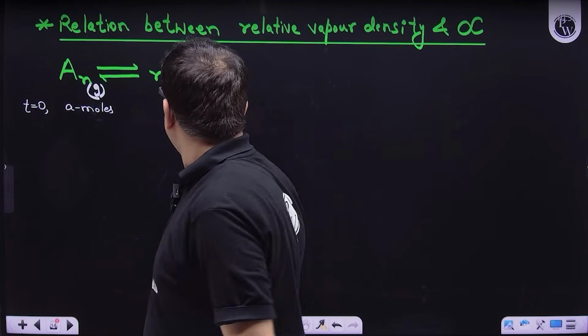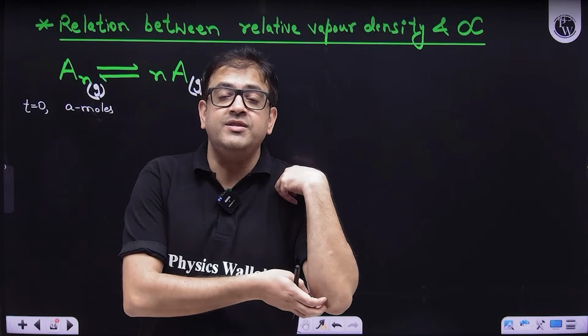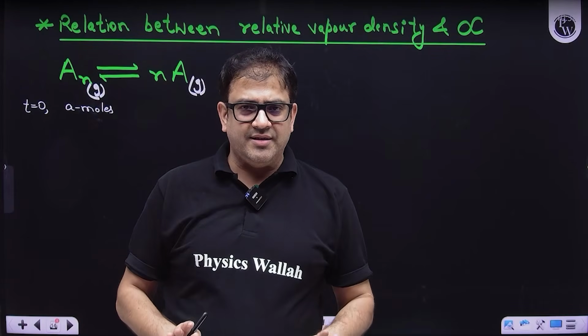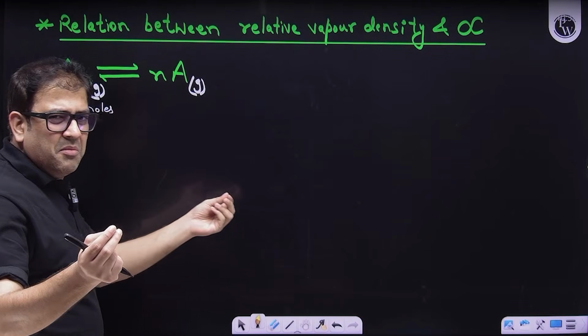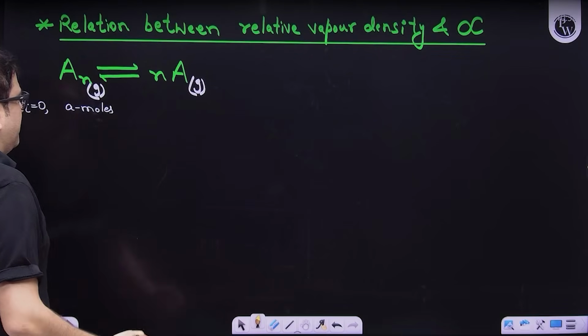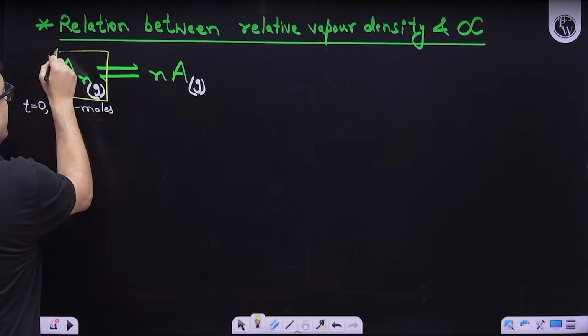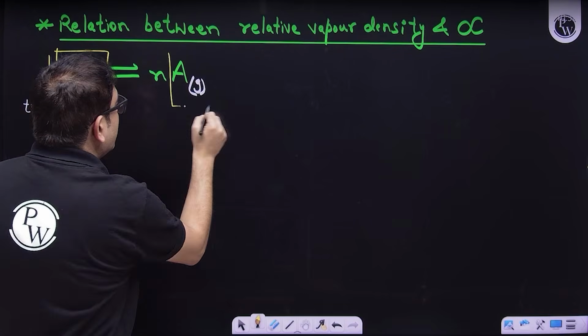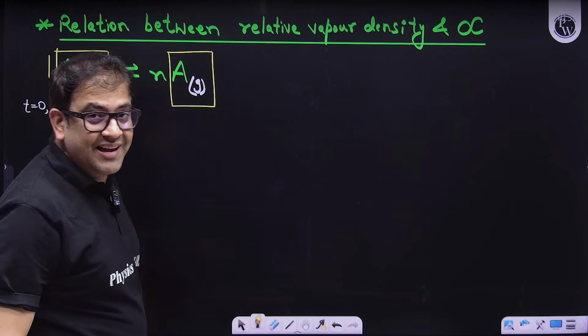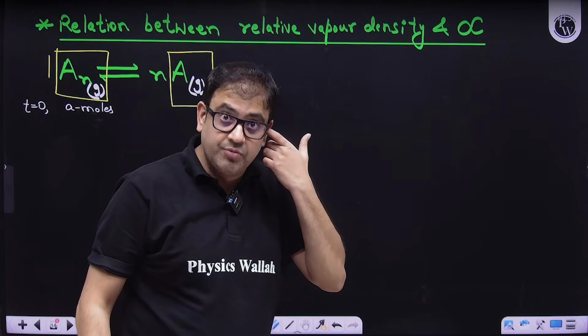Now, relationship between vapor density and alpha. Not generally asked, but still discussing. I'll just take a minute for this. Now, sir, if 1 mole of gas is decomposing, how many moles of another gas is producing? N moles.